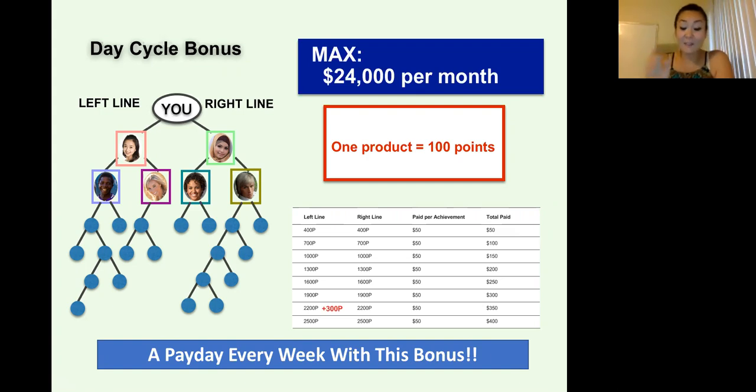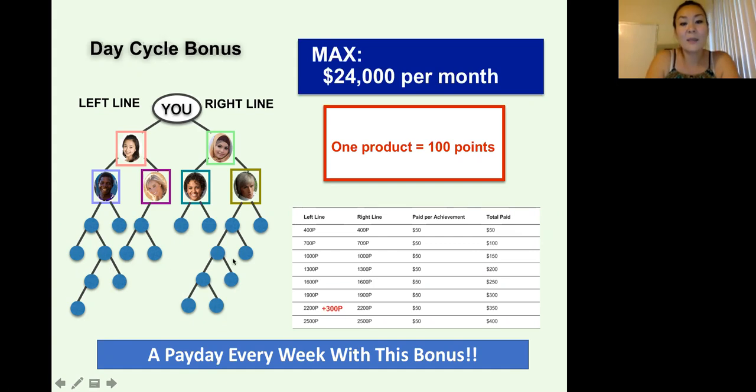Okay, Friday is the 15th. So the closing day is the 15th. So if you sign up somebody today and generate points today, based on those points, you'll be receiving the bonus on the 27th. This is not the next week, but the following week, the Wednesday of the following week.